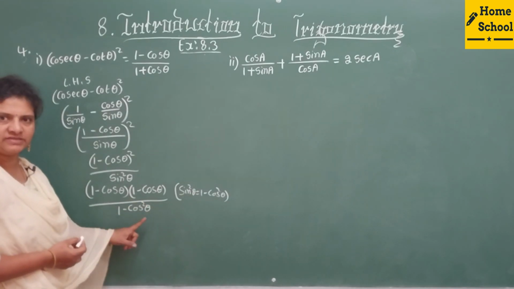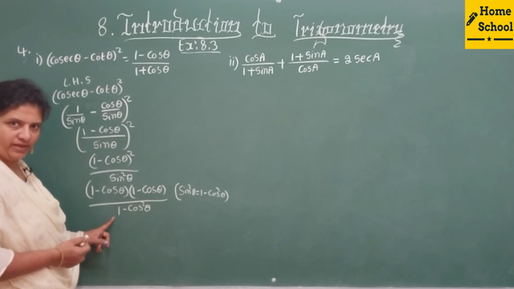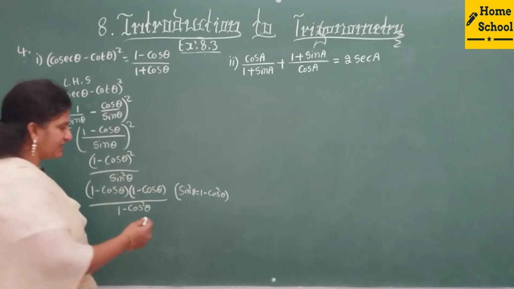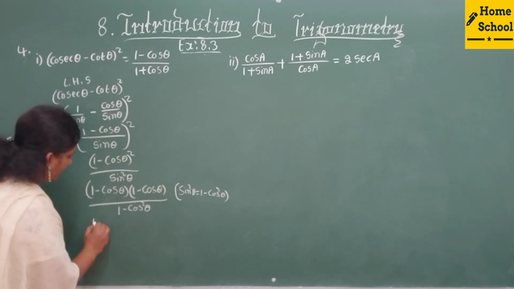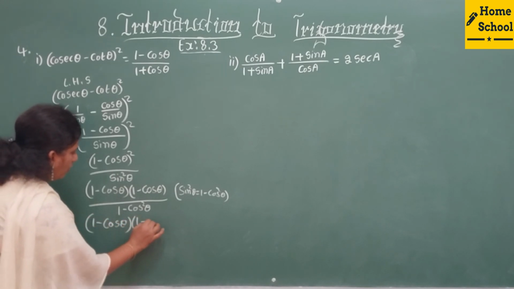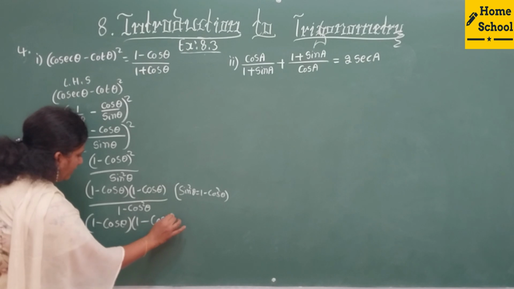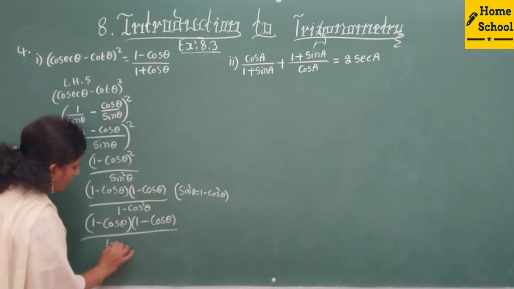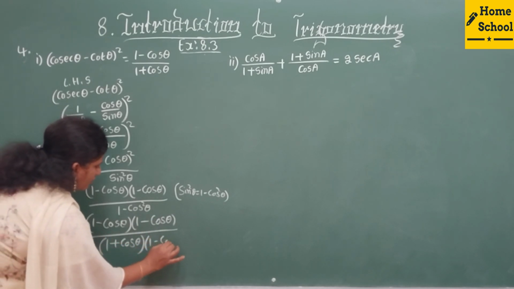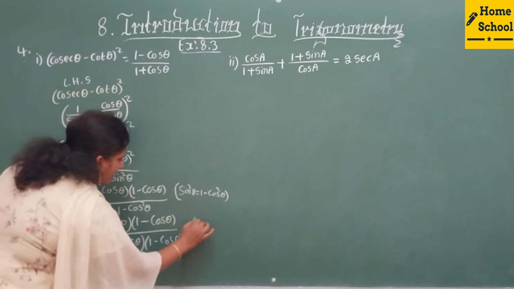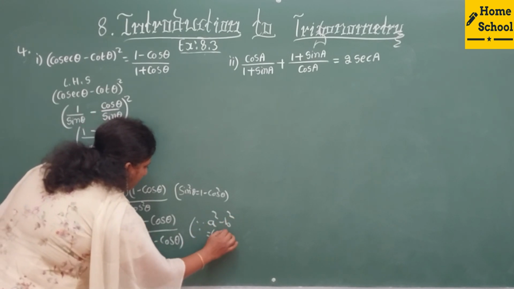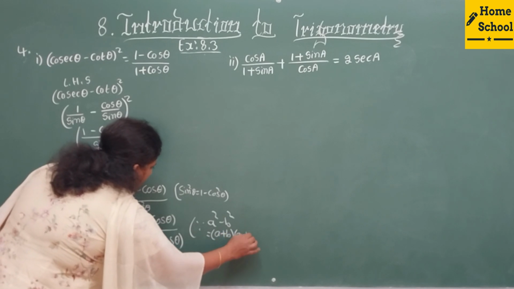A square minus b square. 1 square is 1 minus cos theta whole square. Apply a square minus b square formula. That will be 1 minus cos theta into 1 minus cos theta whole divided by 1 plus cos theta into 1 minus cos theta. This side you can write a square minus b square is equal to a plus b into a minus b.